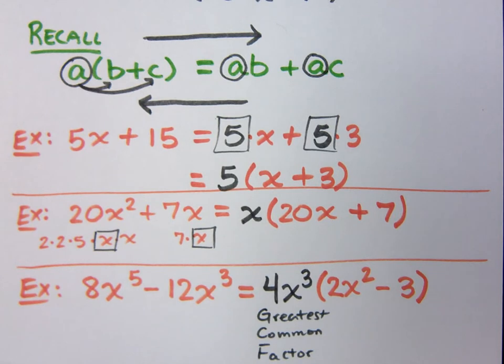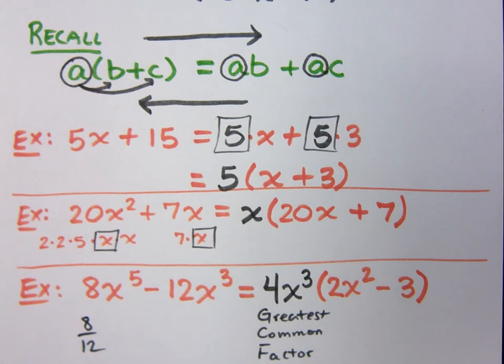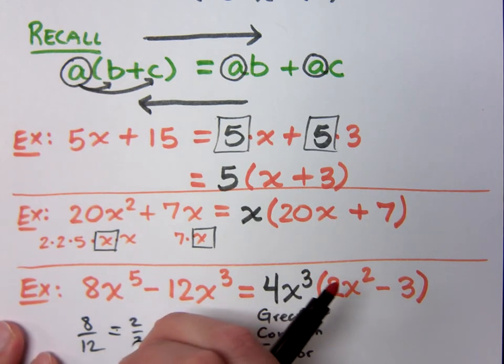Okay? 2 goes into 8 and 12, but 2 is not the largest number that goes into 8 and 12. Just like whenever you reduce a fraction, if I said 8 over 12, what's the greatest common factor that you can reduce that by? 4. 4. And so this guy becomes 2/3 because you reduced by 4.